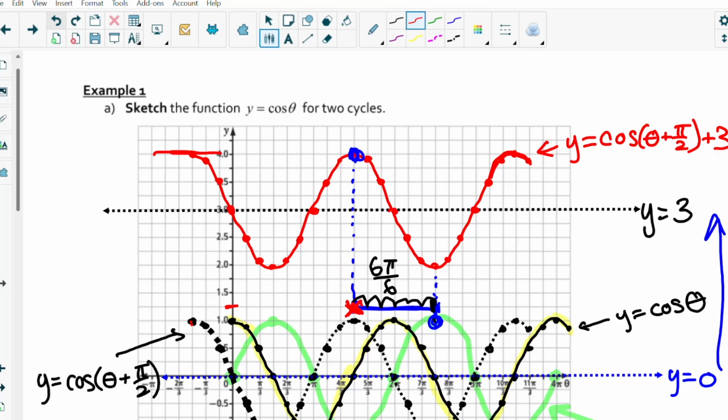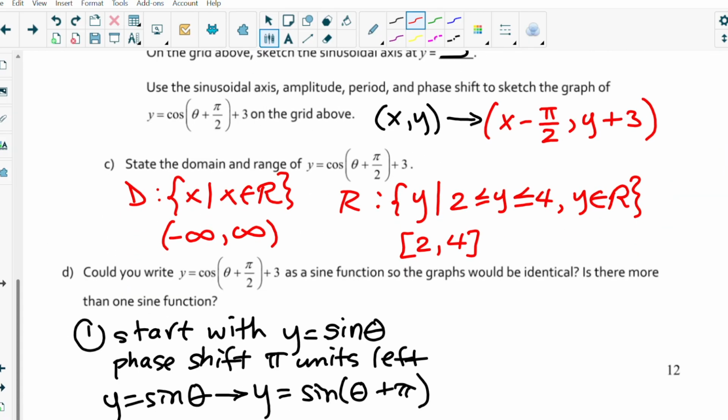Oops, sorry. 1.25, 2.25. So 1 unit, 2 units. Oh, shoot, sorry. I'm actually starting here, which is at 1. So 1, 2, and 3 units up.